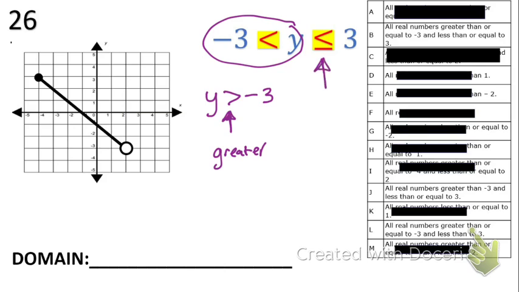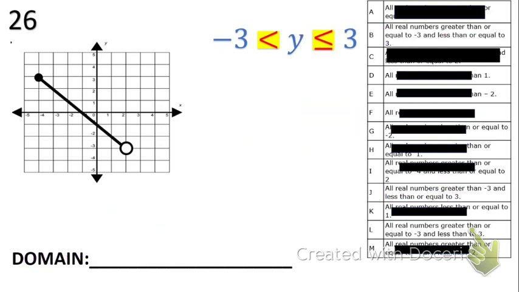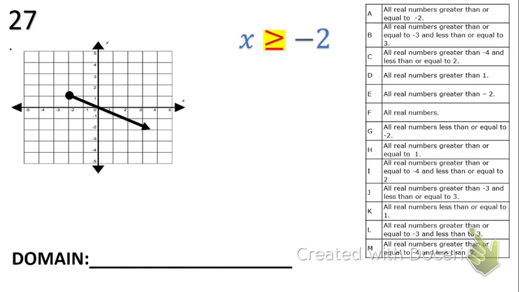This symbol here means less than or equal to. So this one has to be greater than. This one says greater than or equal to, not it. Greater than 3, less than or equal to 3. I think we found our answer. The answer for the range is J.